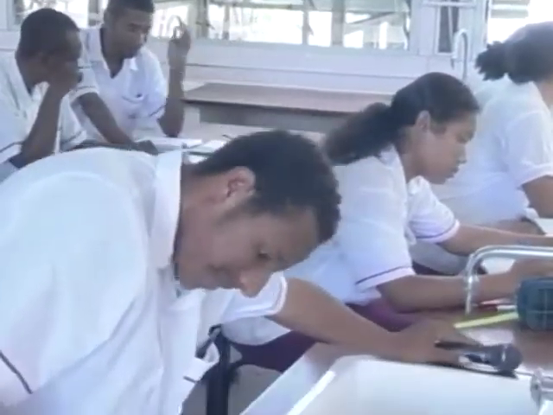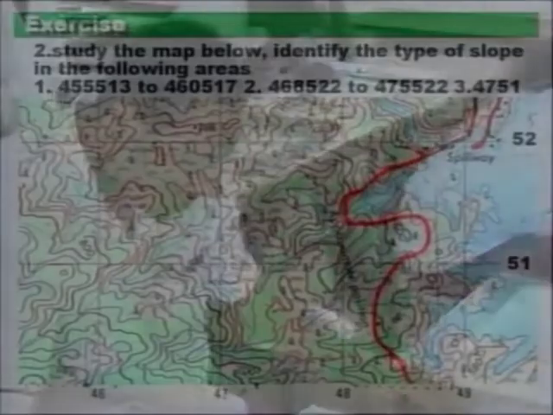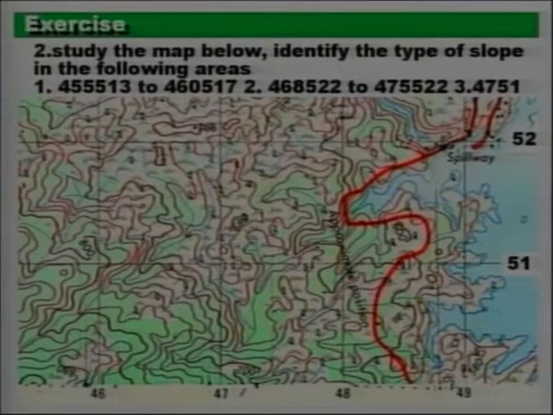Let's check. The area that we are looking for is 455513 to 460517.